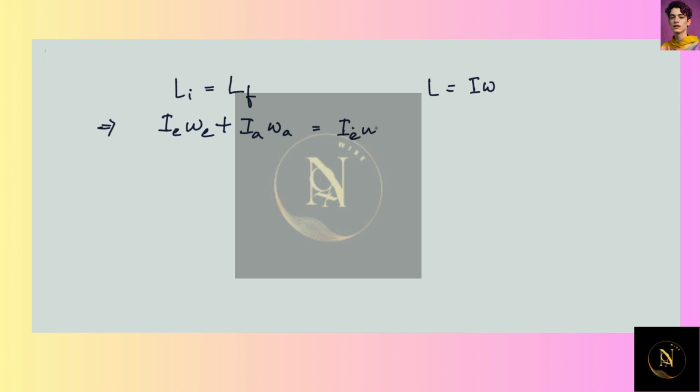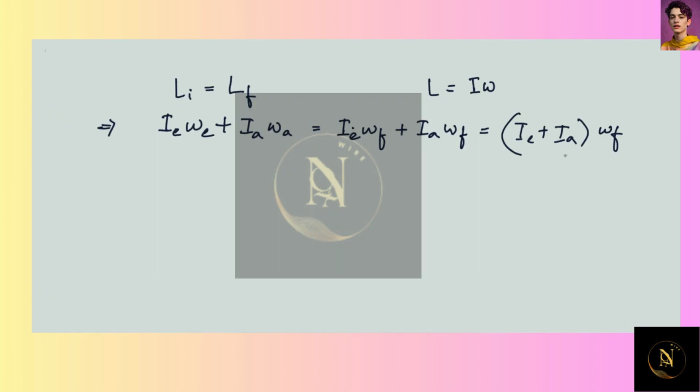I of Earth times omega f, which is the final angular velocity of Earth, plus I of A times omega f again. Since both have the same angular velocity, we are using the same notation, and this can be written as (IE plus IA) times omega f.